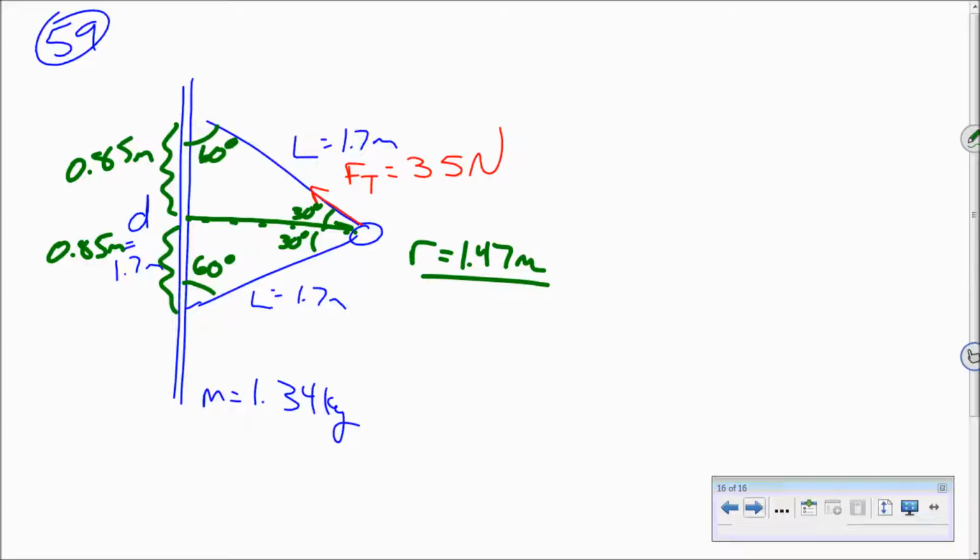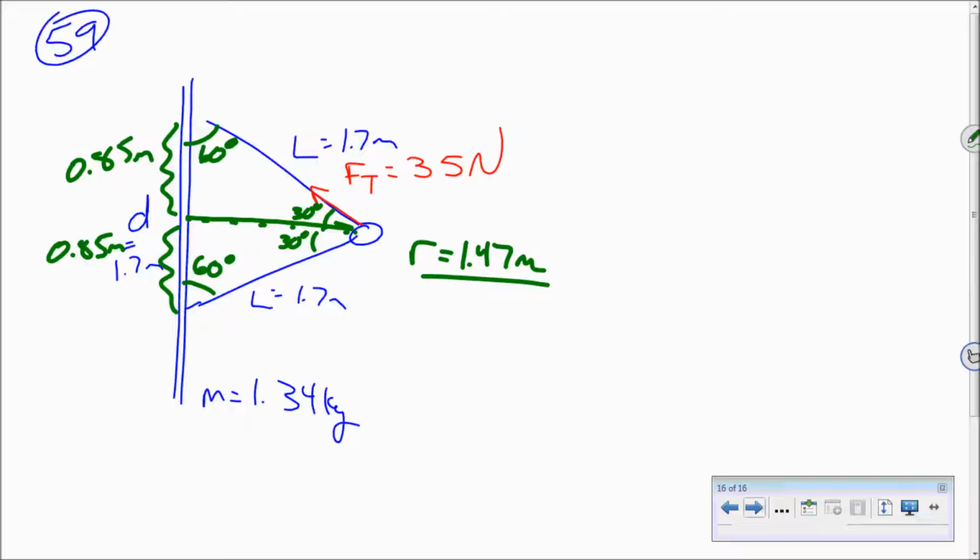Well, I did a free body diagram and then labeled the two tension forces. Yeah, that's exactly what I would do. But all of the forces that we're interested in act on this little ball, so let's make a free body diagram for the ball. Let's name the three forces on the ball. Gravity, tension 1, tension 2, right?